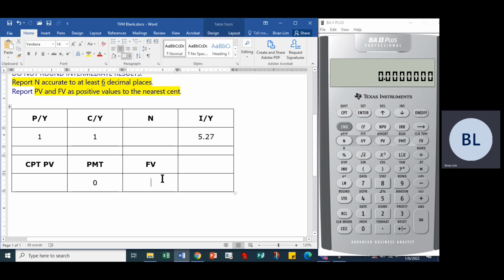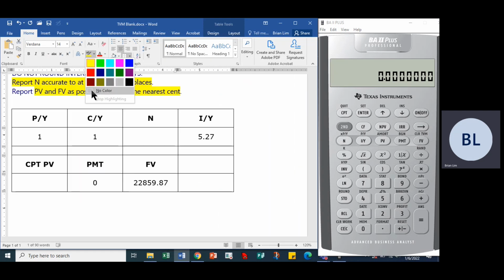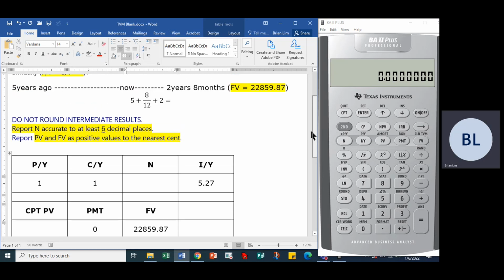So let's get that number and put it in here. We can take off the highlighting and then we are just fine. Those are the numbers.